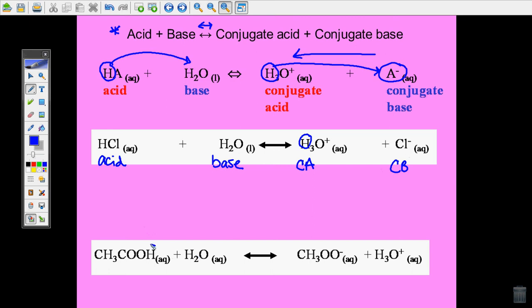Do you see how there's an H here on the end? This is acetic acid. So this is our acid. Water is our base. Not always. Sometimes water could donate a proton, but in this case it is. Now, which one of these has a proton it could donate? This one. So this is our conjugate acid, and this is our conjugate base.